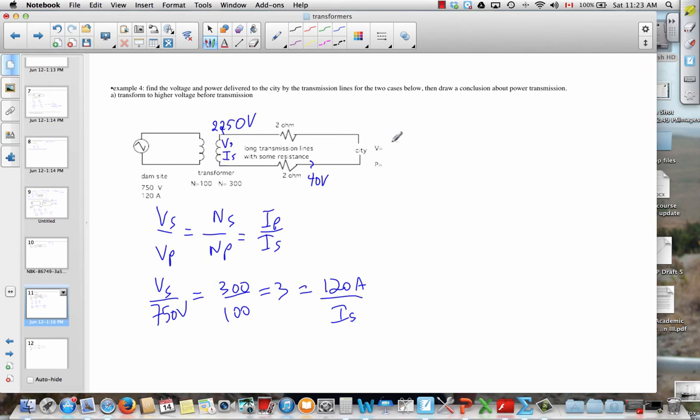So the voltage that arrives in the city is the secondary voltage minus the IR drop in the transmission lines, and there's 2 transmission lines. So there's 2 transmission lines carrying 40 amps of current.